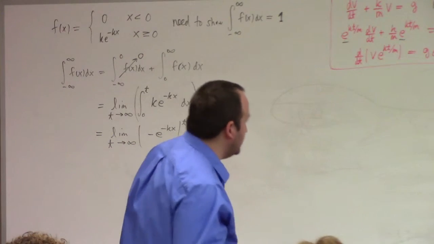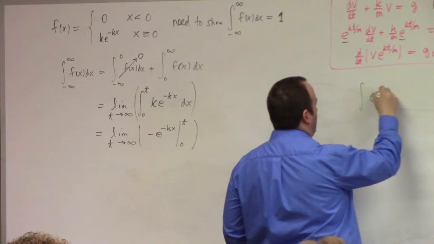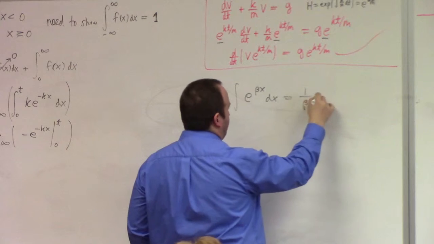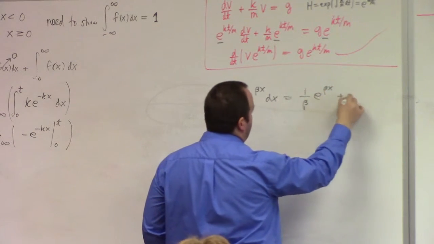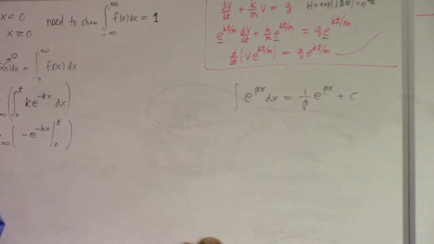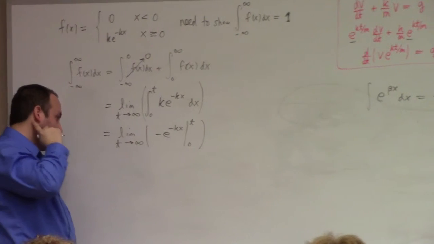What I'm suggesting is that you should have done this integration enough that you do it without even writing down the details. I don't require you to write the details of that integration.